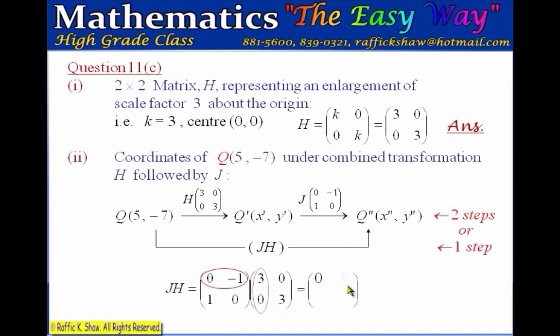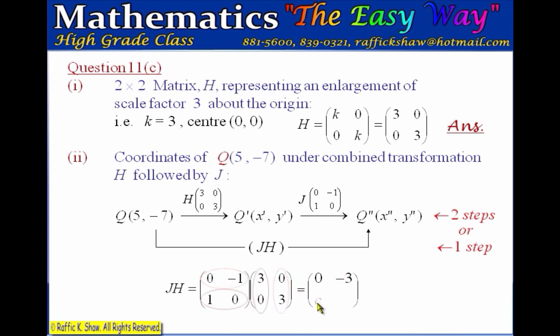This next element B is calculated by multiplying this first row by this second column here, because this element B is in the first row and it's in the second column here. So it is 0 multiplied by 0, which is 0, and negative 1 multiplied by 3, which is negative 3. And so the element B is negative 3.